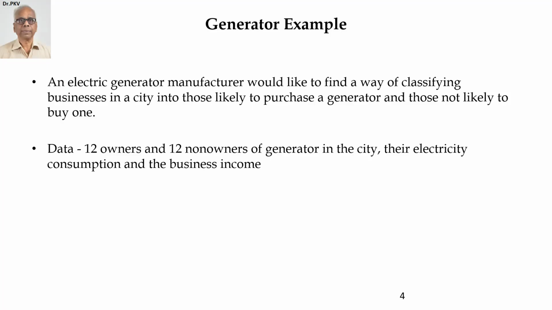Their electricity consumption and the business income are the features. So let me just show you the data set here. It's a simple problem because I'm explaining how the decision tree algorithm works. That is the goal of this masterclass.